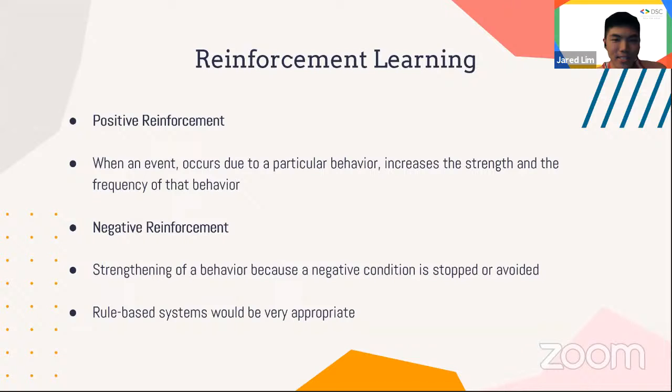As mentioned earlier, the best kind of problems to use reinforcement learning on would be rule-based systems, in particular rule-based systems which are binary. So if you take an action, this particular outcome will occur, and if you take another action, this will occur.